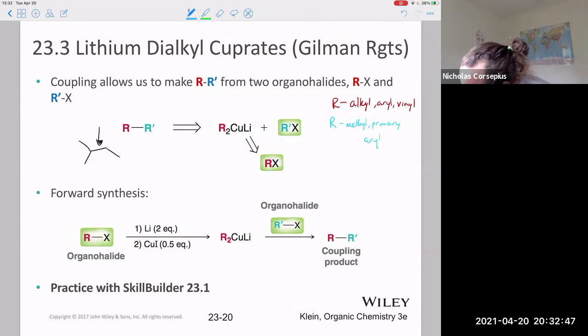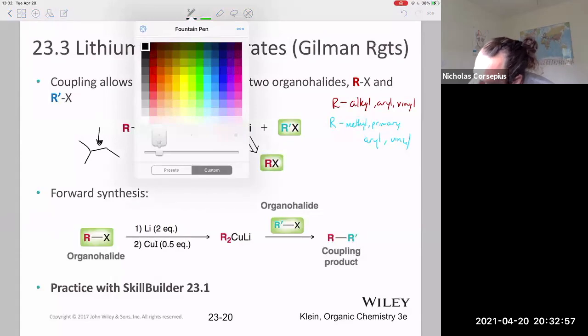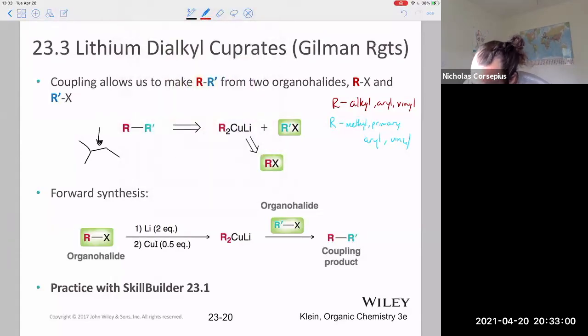It can also be aryl or vinyl. So that means that for this particular case, if this is the bond that's formed, let's just code it this way, this section here has to be my organocuprate. And this section here will have to be my alkyl halide. I can't switch them because otherwise I'd have a secondary alkyl halide that I was working with. Okay, so these retrosynthetic problems are going to be a big portion of this chapter, and that is why keeping in mind the limitations of these R groups is going to be so important.